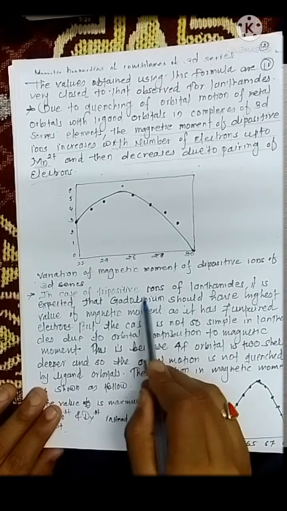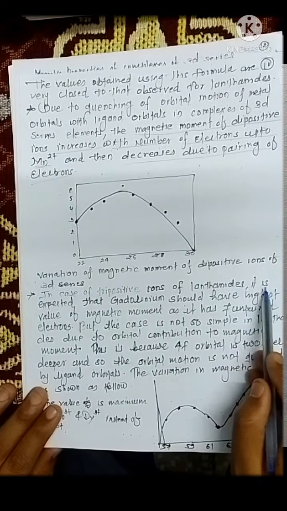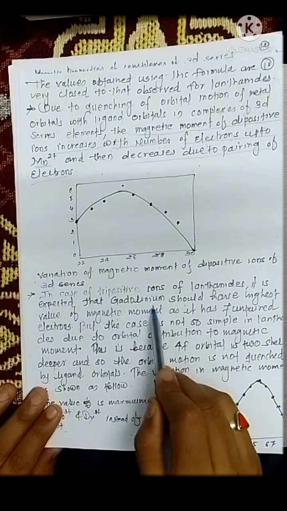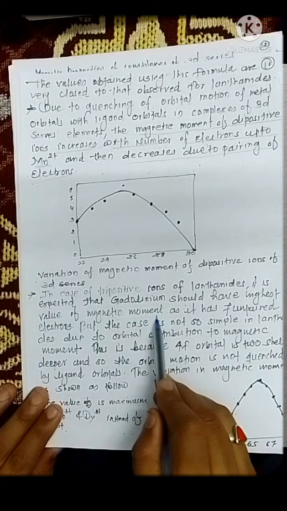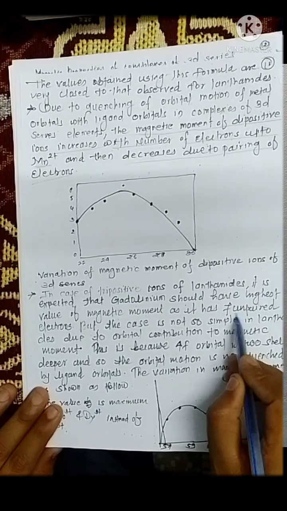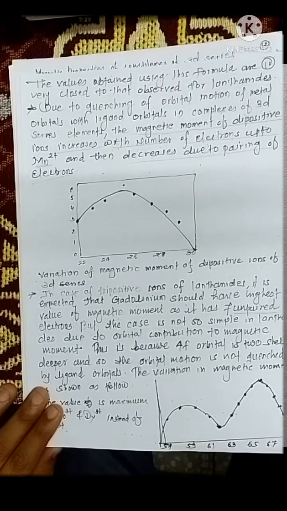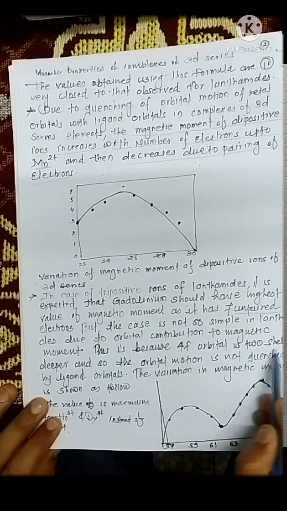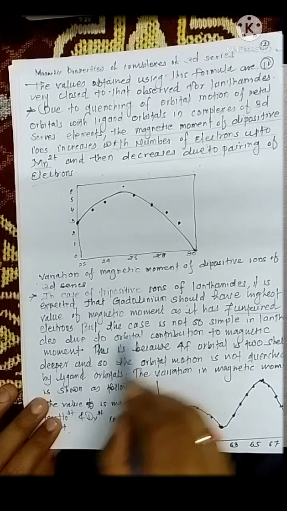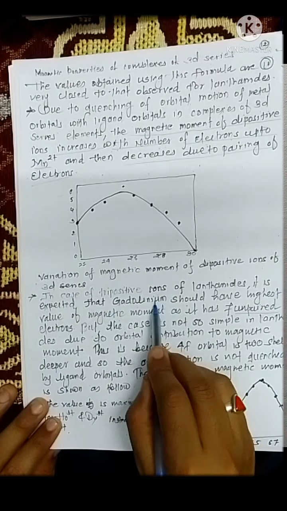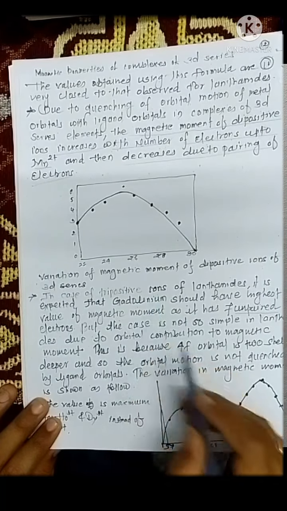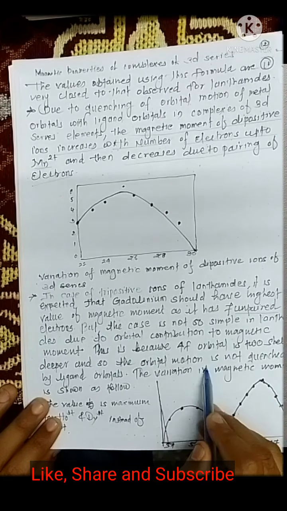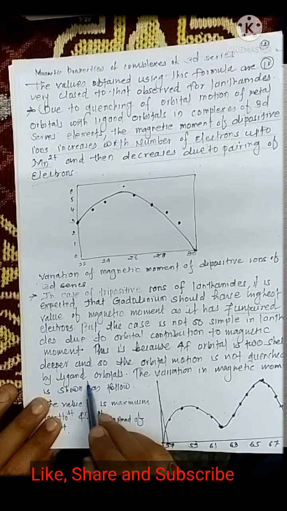In the case of tripositive ions of the lanthanides, it is expected that gadolinium should have the highest value of magnetic moment, as it has 7 unpaired electrons, but this is not the actual case, because the 4f orbital is deep inside, two shells in. Gadolinium does not have the highest value because the 4f orbital is deep-seated, so the orbital motion is not quenched by the ligand orbitals.